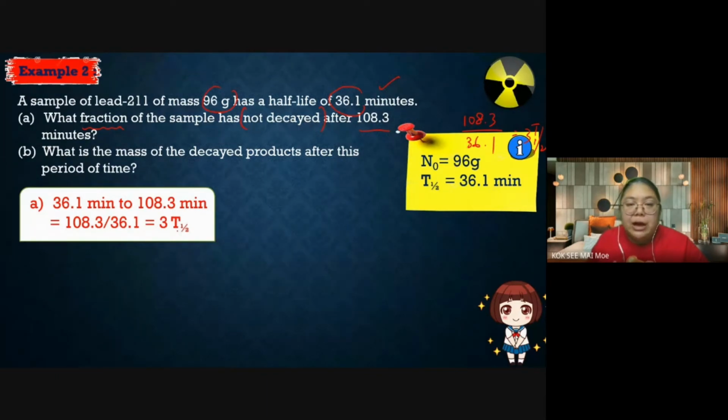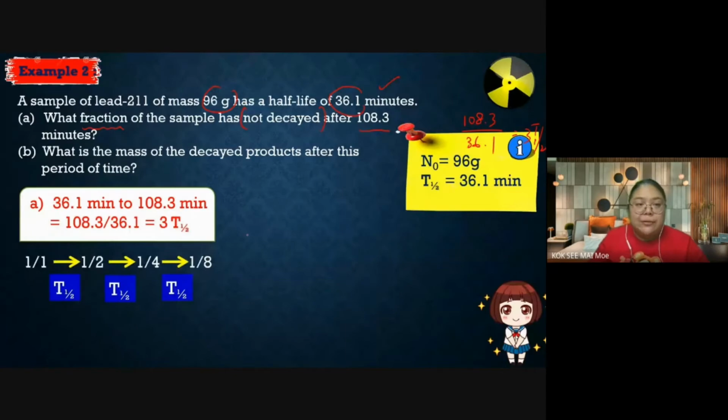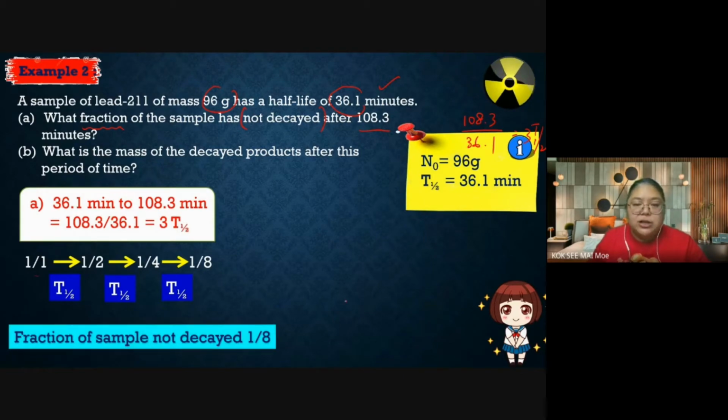So from here, 3 half-lives, that means I need to show how to do the 3 half-lives. Okay, original 1/1 becomes 1/2, becomes 1/4, 1/8. Okay, this one is 3 half-lives. So from here, I can show the fraction is 1/8. If not, you can do it like this. 96 grams divided by 2. 48.